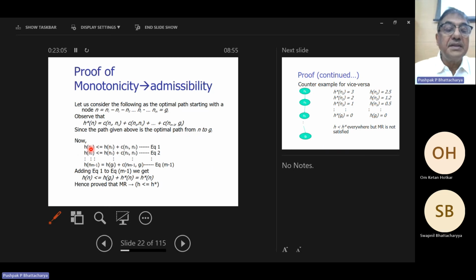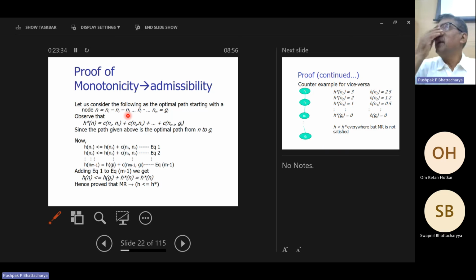And then we get Hn1, which is Hn, less than or equal to Hgi plus all these costs. Hgi by definition is 0. So we have now Hn is less than or equal to the cost of all the arcs leading up to G, and the sum of these costs is equal to H star.